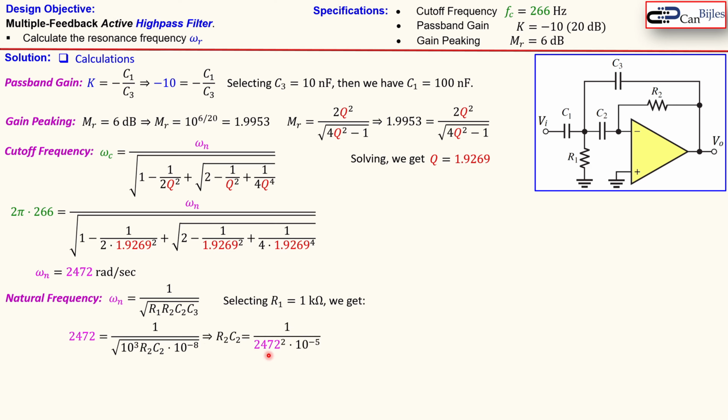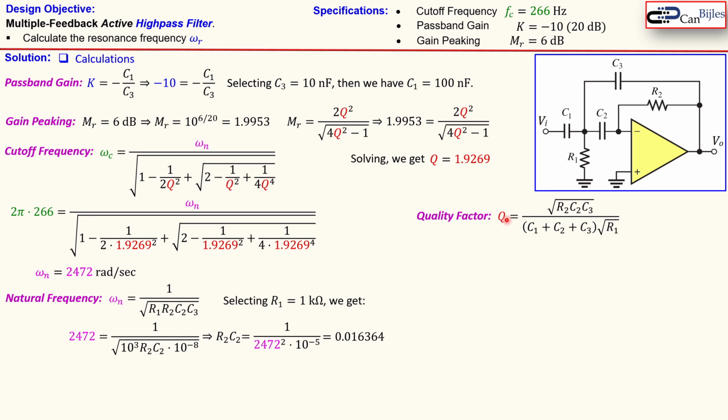We have our expression, we see that we square that and also divide by the product of these two, which is 10 to the power minus 5. That will result in a value of approximately 0.01636. Now we know the product, we don't know the individual values, but we know the product. So how can we use this? That can be done by looking at the formula of the quality factor.